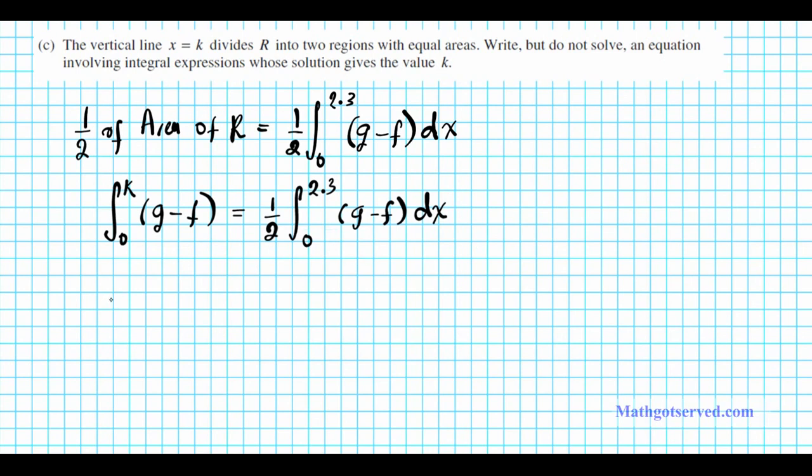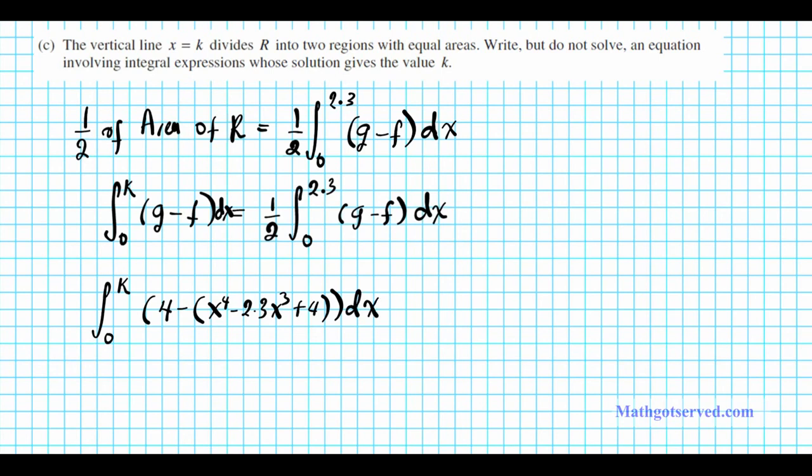Let me put in all the values here. So the integral from 0 to k of g, which is 4, minus parenthesis, f, which is x^4 minus 2.3x^3 plus 4, dx. Oh, I forgot to put dx here, that's not good.